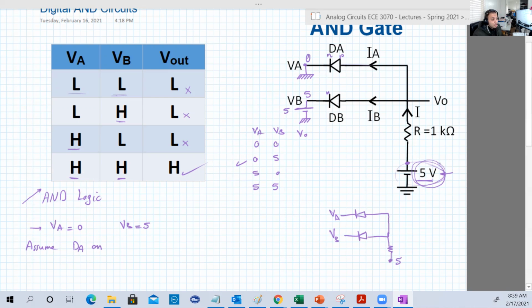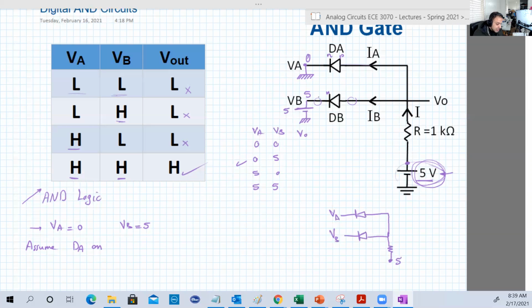And remember, for our diode under constant voltage model to operate, its B should be higher than its N by 0.7. Its N now is connected to the highest voltage, 5. The N terminal of DB is 5 volt.